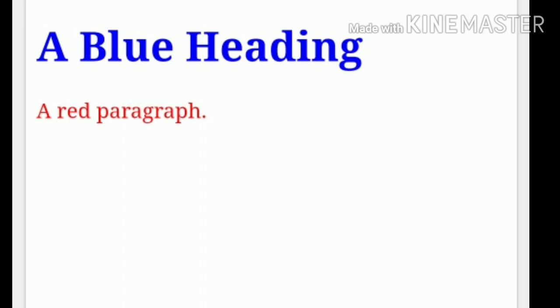A blue heading, closing h1. For the paragraph, you use the p tag, style equal to within double quotation marks color colon red ended with a semicolon, closing double quotation, a red paragraph, closing p. By using these two tags, the output is a heading in blue color and a paragraph in red color. This way the program runs.